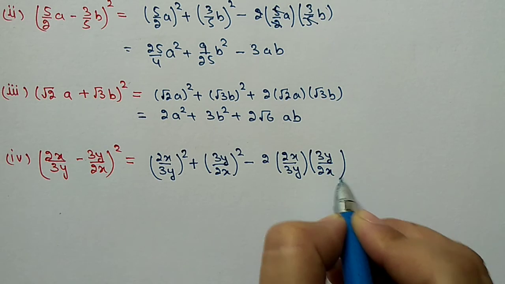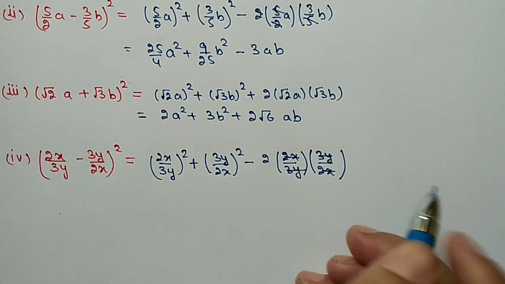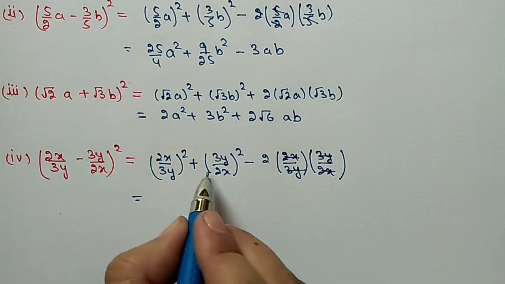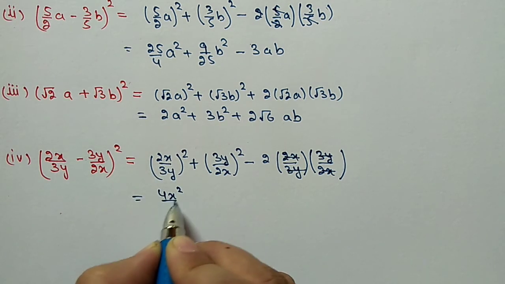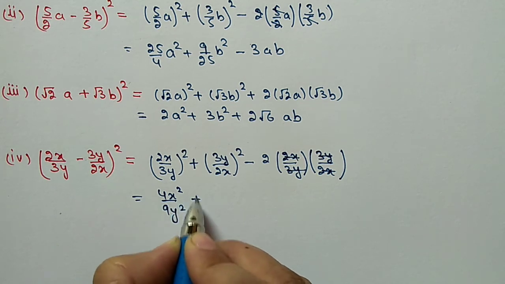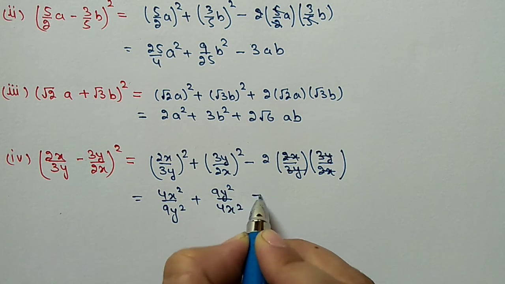So here you can see we can cancel this 2x and this 3y, everything will cancel out. Here we cannot cancel. So (2x by 3y) whole square means 4x square by 9y square, then 9y square by 4x square minus 2.